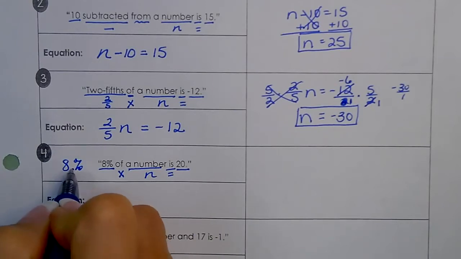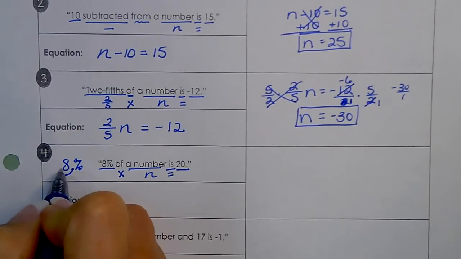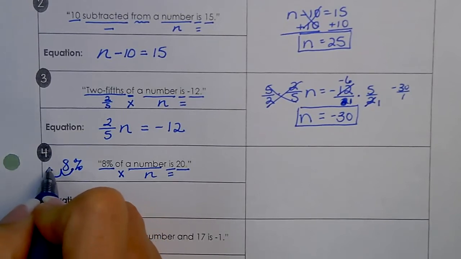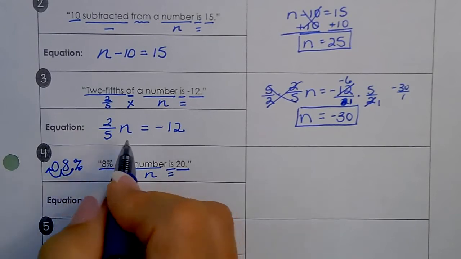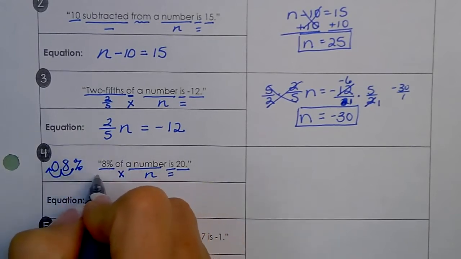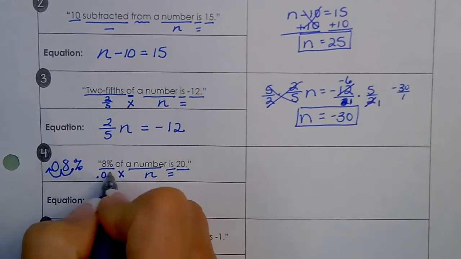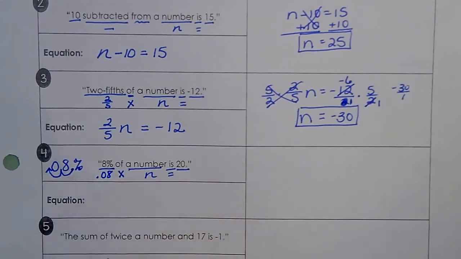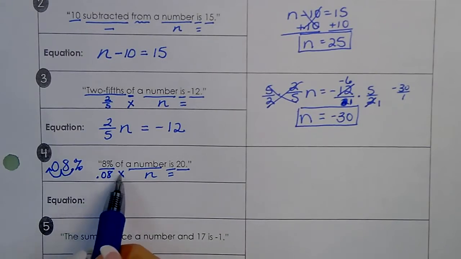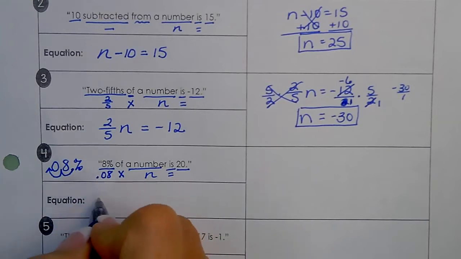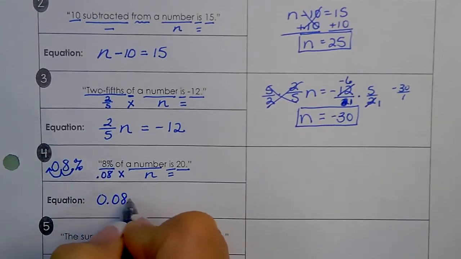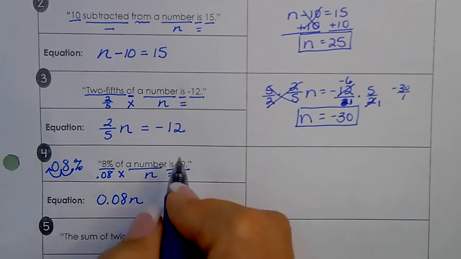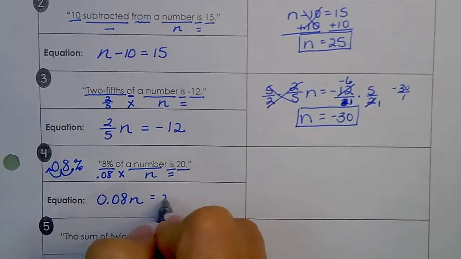I'm going to move it 2 spaces to the left, and fill that in with a 0. So 8% as a decimal is 0.08. So now I have 0.08 of a number n. 0.08 of n is 20.